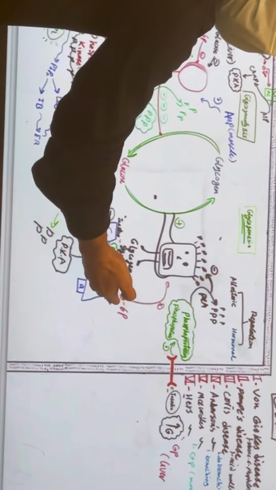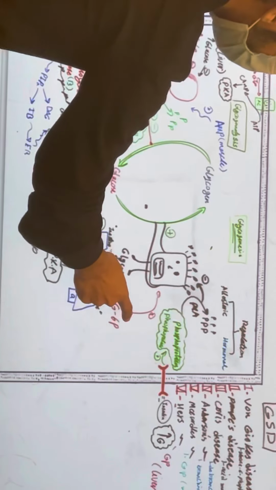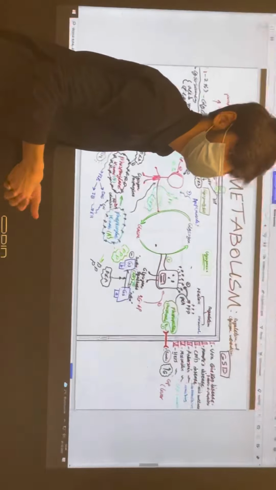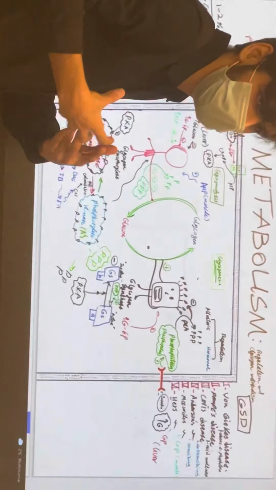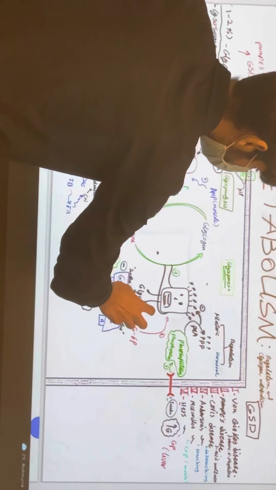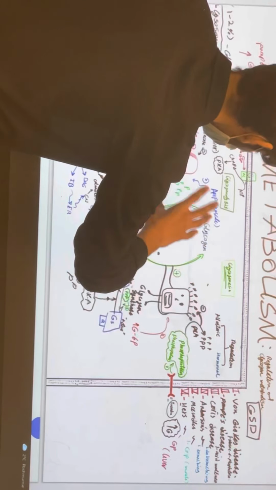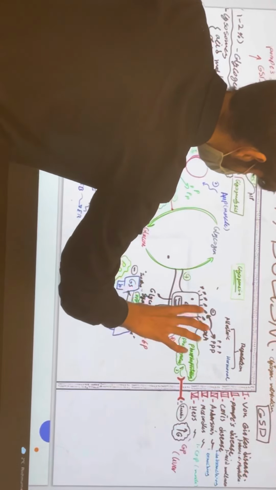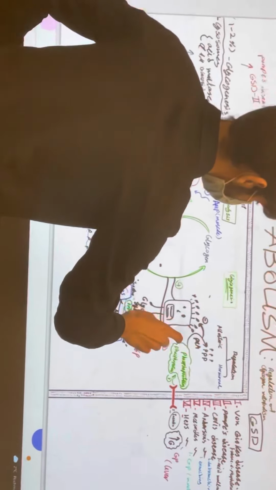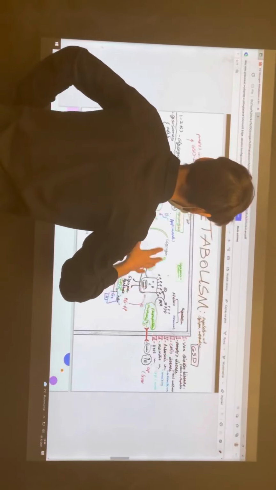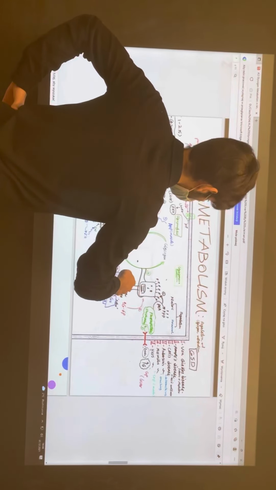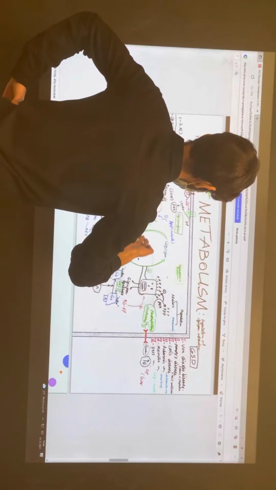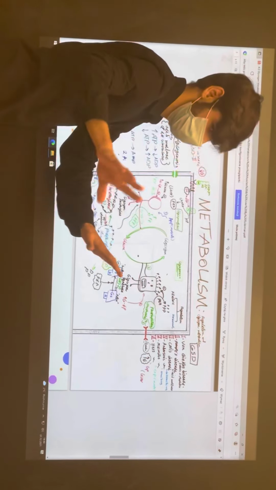As I said, we have an increased amount of glucose 6-phosphate. This will lead to a higher blood glucose level in the body.